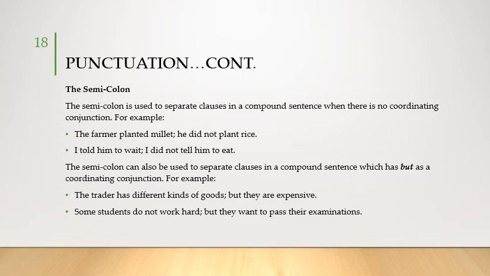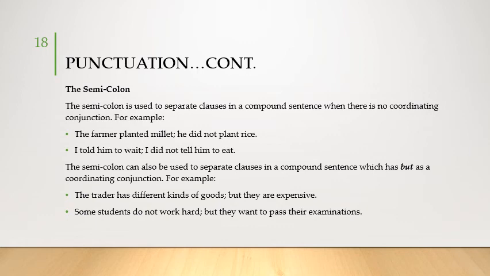Now, the semicolon can also be used to separate clauses in a compound sentence which has but as a coordinating conjunction. For example, the trader has different kinds of goods; but they are expensive. Or some students do not work hard; but they want to pass their examinations.